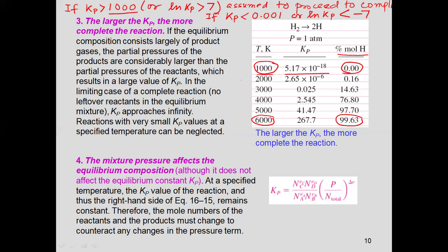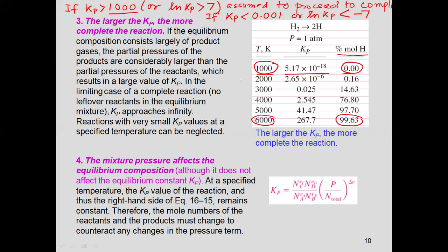If the reactants are completely converted to products, the presence of product is almost 100%, so the partial pressure of product is at its maximum, and the presence of the reactant will be almost zero, therefore the Kp value will go towards infinity.